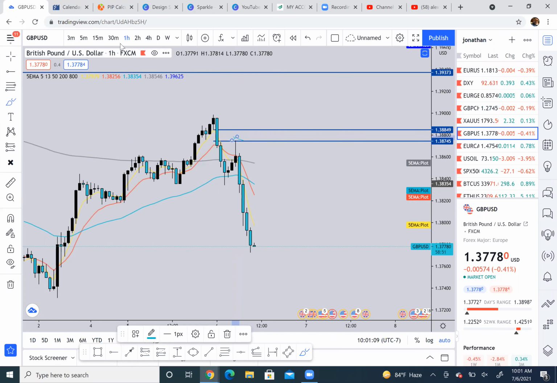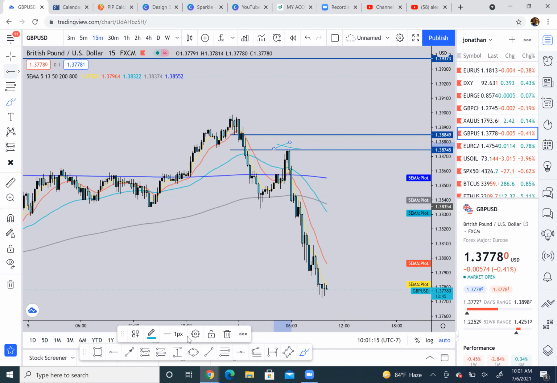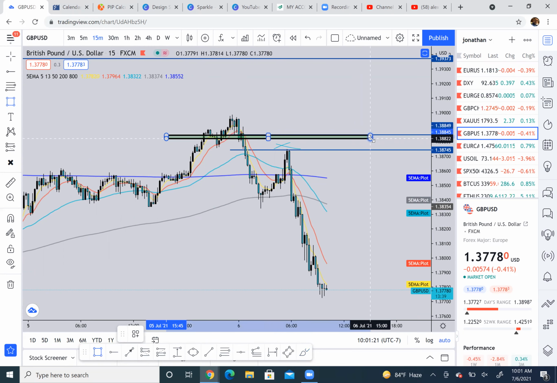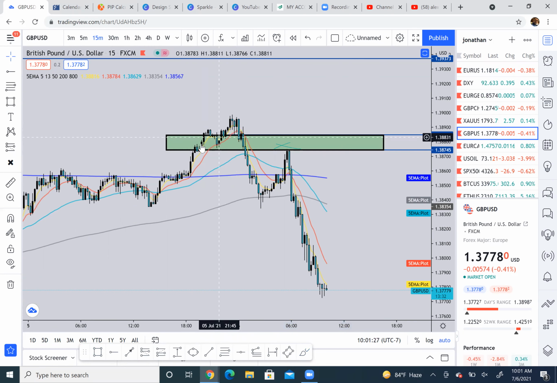Okay. Also, if you want to use it as support and resistance, we can go down to the 15-minute and use the support and resistance aspect. So technically this is the last support and resistance because it's right here. It's a ceiling, and then it breaks above it and breaks through.